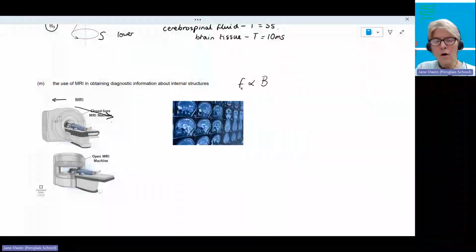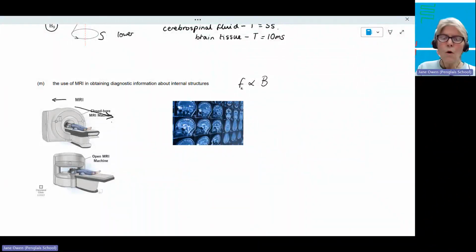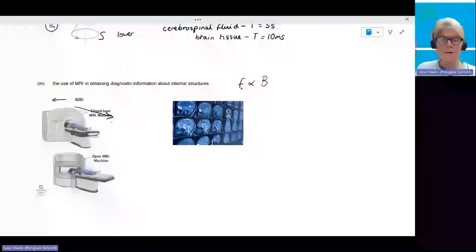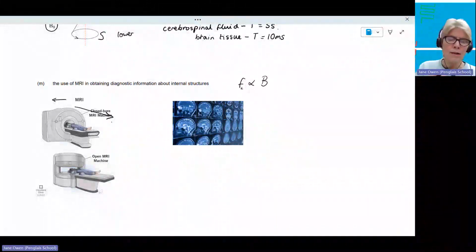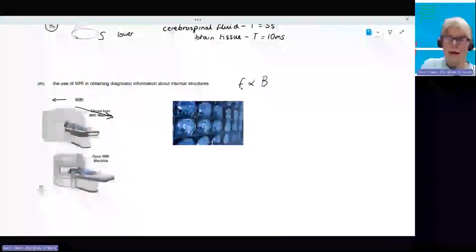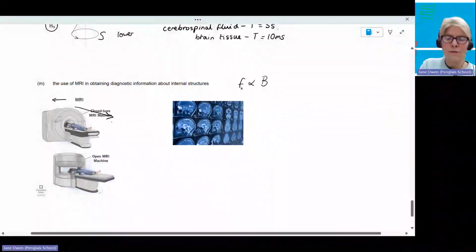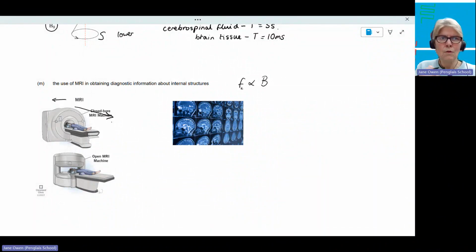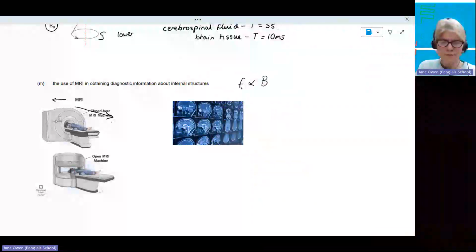So we can get whole body scans, or we can get functional magnetic resonance imaging scans where the person has got, say, headphones on, and they're asked to think of different things, or do different things. They have to keep the head very, very still, but you can look at brain imaging and the difference in areas that is affected by the different thought processes or actions going on.